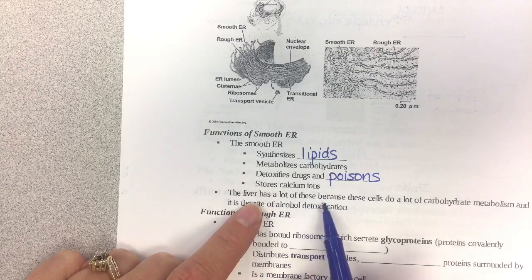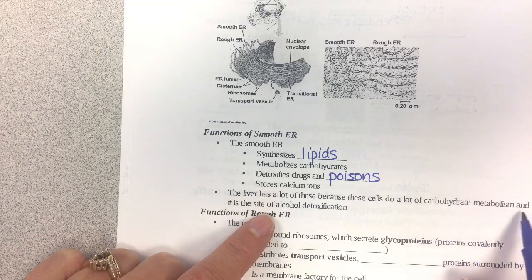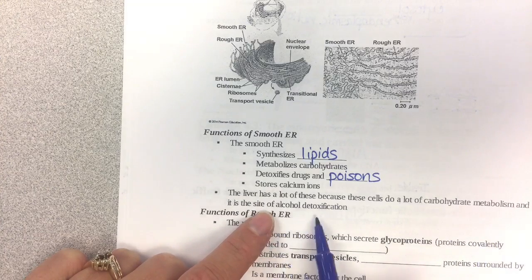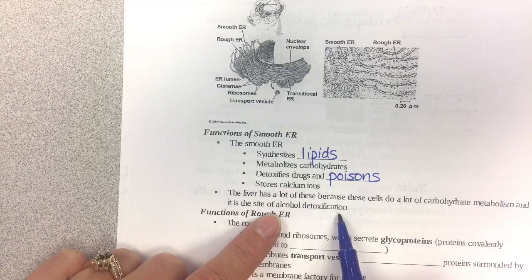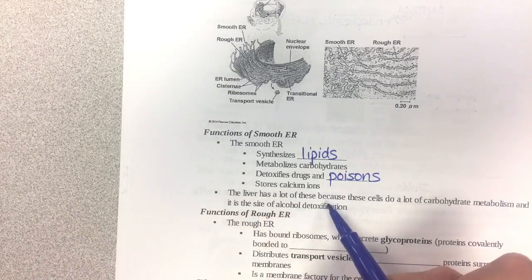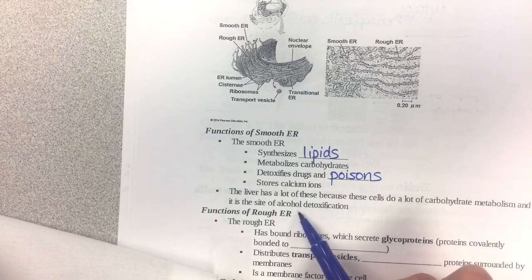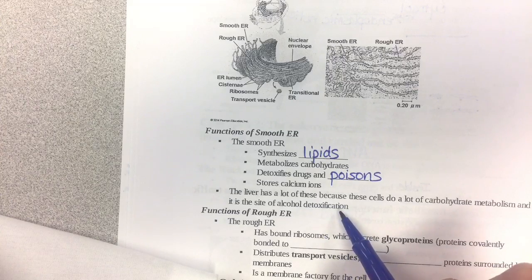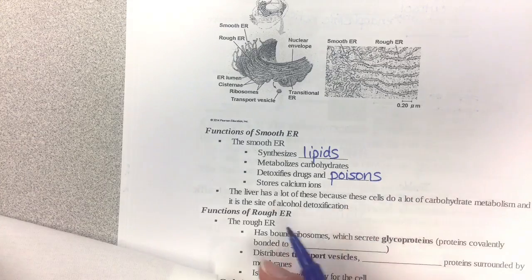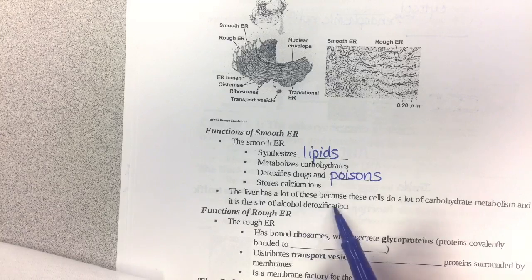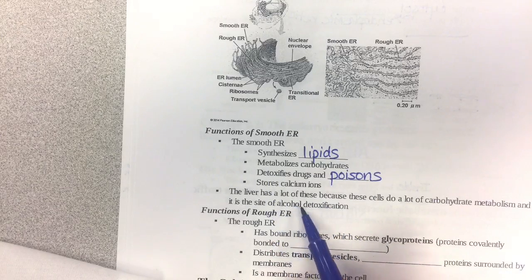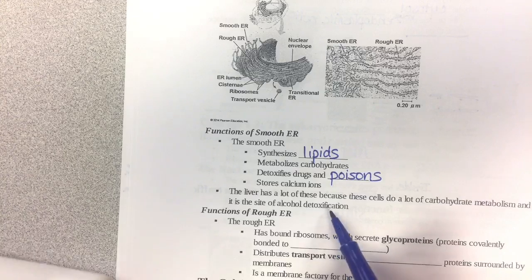The liver cell has a lot of these because these cells do a lot of carbohydrate metabolism and are the site of alcohol detoxification. What happens is that the liver filters the alcohol, let's say, out of your blood and breaks it down into non-toxic molecules. And then your kidney will filter those molecules out of your blood. And so what happens is that your cells can actually adapt to that.